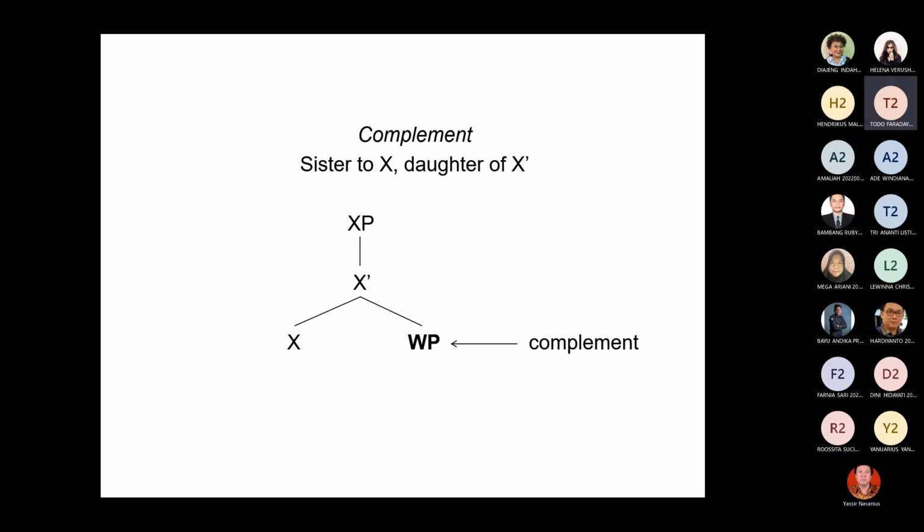Because it's the sister of X and the daughter of X bar. So when you draw a complement, don't forget this rule. A complement is basically sister to X and daughter of X bar.